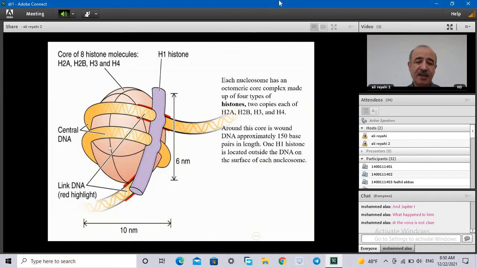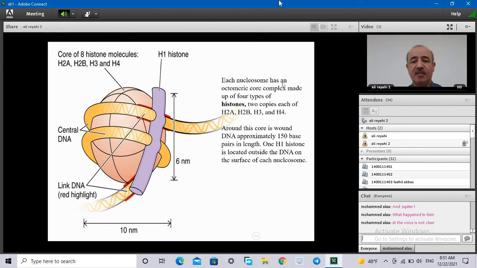Look at here, you can see the 8 proteins are formed by double H2A, H2B, H3 and H4. They form the histone core of the nucleosome, and you can see the DNA strand turns around this octamer structure and reaches the other histone. It's called H1 histone, and forms the nucleosome.